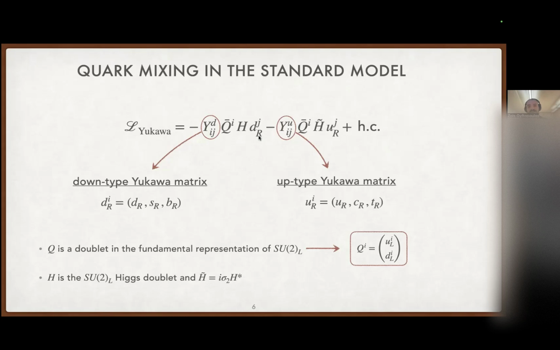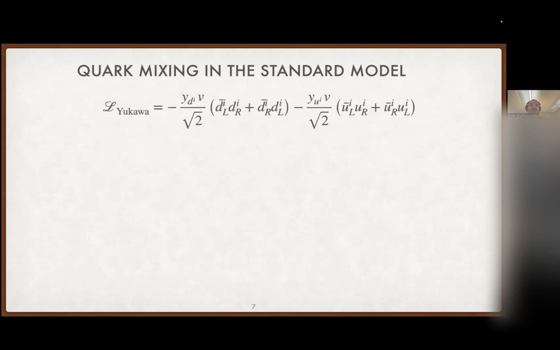And after you do this change of variables, you end up with a Yukawa Lagrangian that is diagonalized, where you have 3 couplings Y_D_i, which will give the masses after spontaneous symmetry breaking to the down-type quarks, and these are Dirac masses. And you have also 3 couplings Y_U that will give the masses to the up-type quarks.